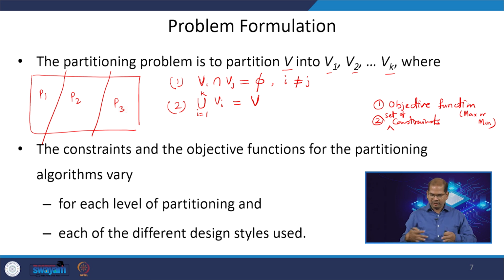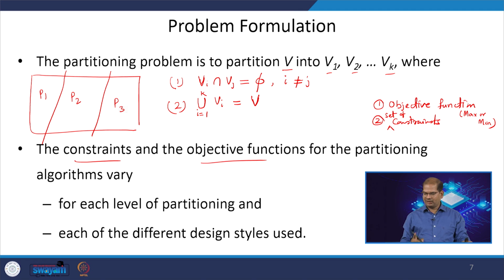So, whenever we have any kind of mathematical formulation, we have an objective, and if we have constraints, then the mathematical algorithms can optimize that objective function better. So, here we have the constraints and objective functions for the partitions.